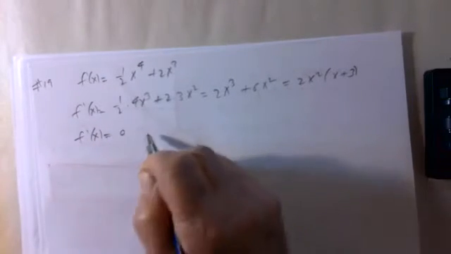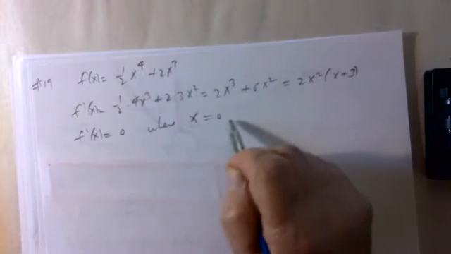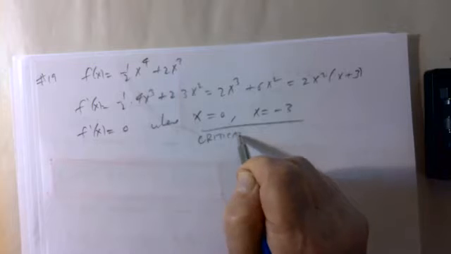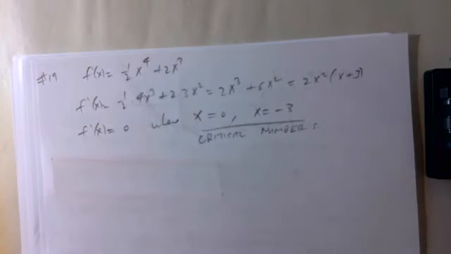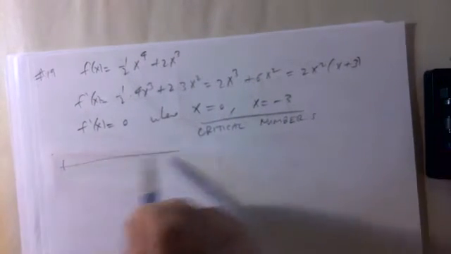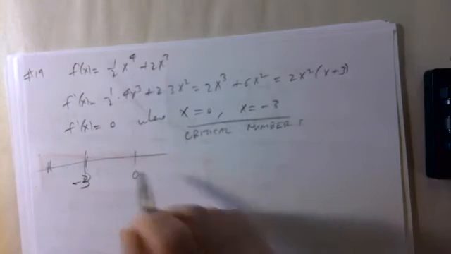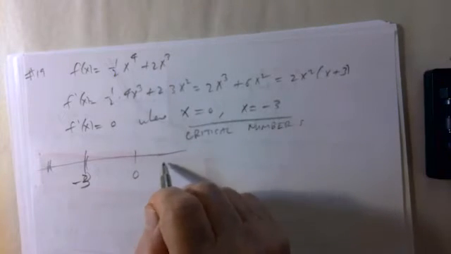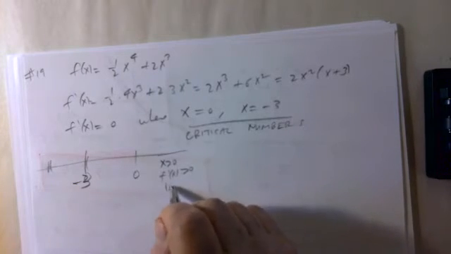So f prime of x is equal to 0 when x equals 0 or x equals negative 3. So these are the critical numbers for the function. If I just look at the number line, minus 3 and 0, when x is bigger than 0, f prime of x is positive and the function is increasing.